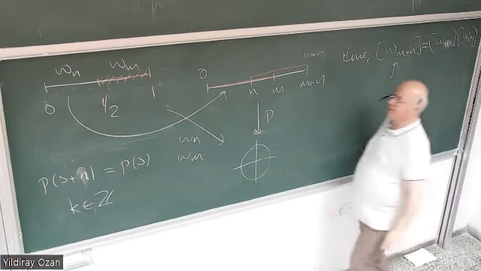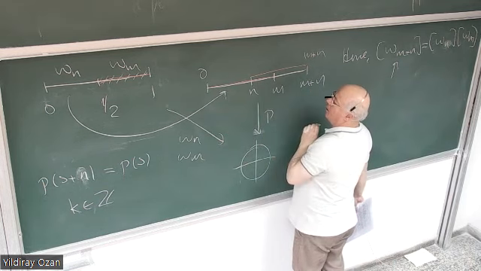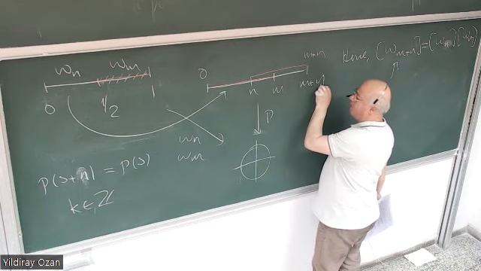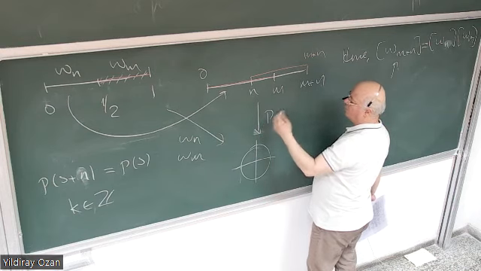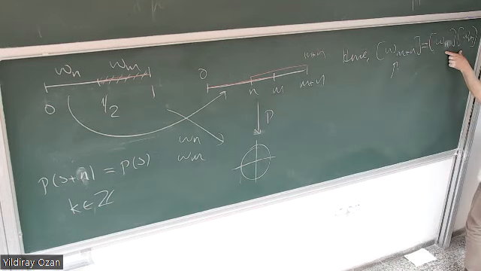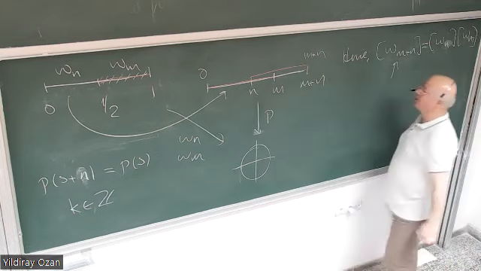But the path starting at 0 and ending at m, and the path starting at n and ending at m plus n, when composed with p, are the same. Therefore, this product also is represented by a path starting at 0 and ending at n plus m.